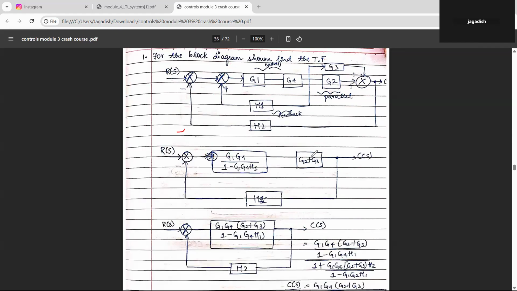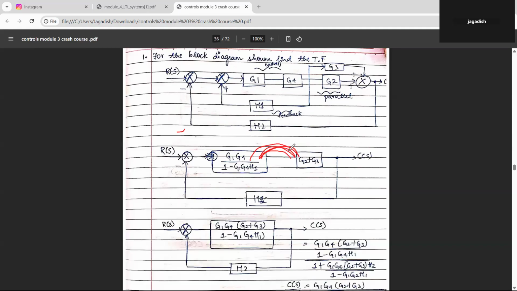So I will be solving for G2 plus G3. This will get eliminated. This is not a feedback loop, just a summing point. Divided by H2. So these two are in which position, students? Is it in parallel or series? I solved for these two.